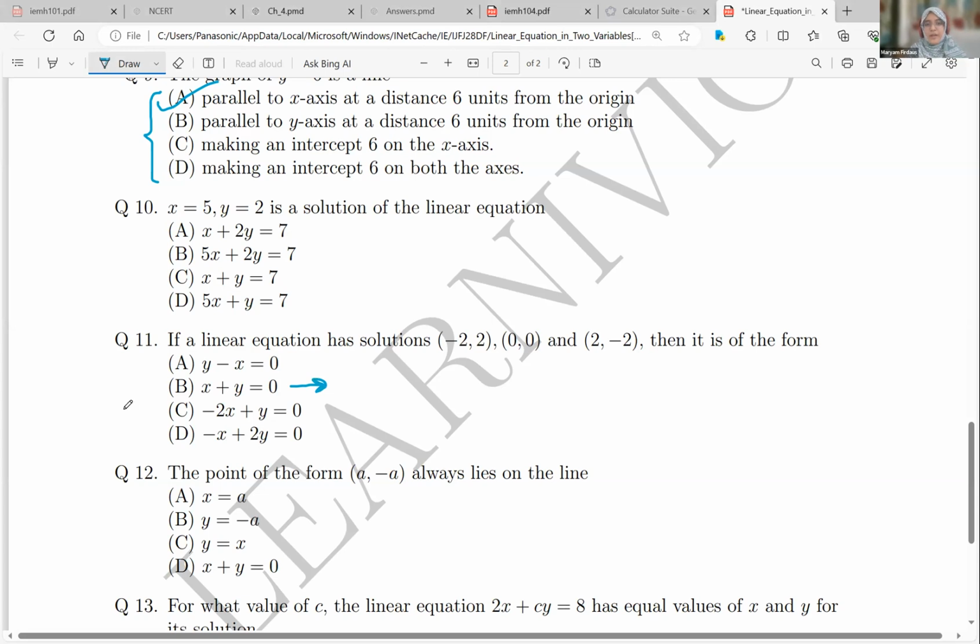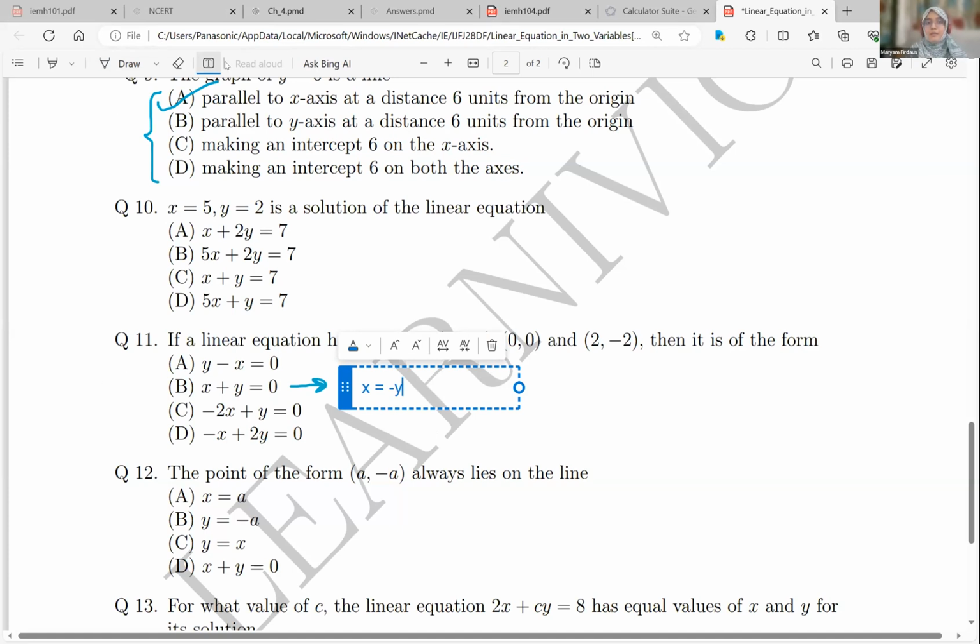Okay, see, look at this, okay? I'm just trying to focus on this one. This one says, option B, x plus y equals 0, right? So if you send y to the other side of the equation, it becomes x equals minus y. Yes or no? I have just sent the y to the other side. It becomes x equals minus y.